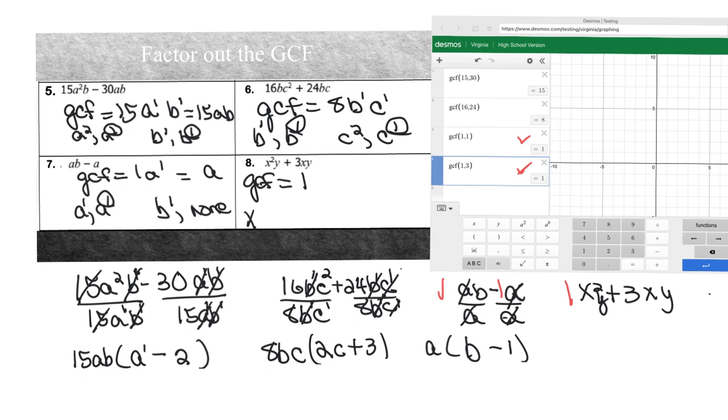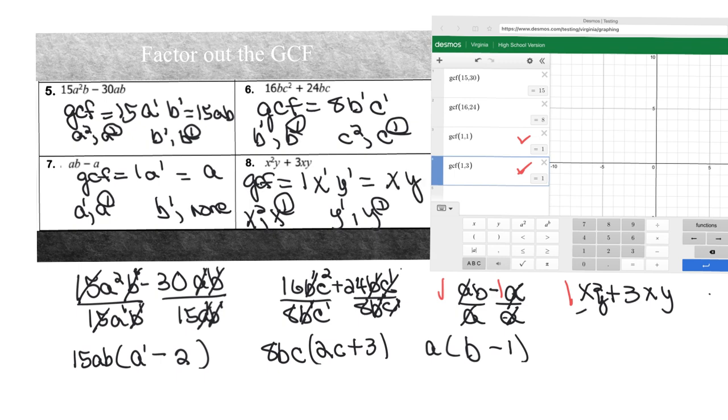I have x to the second and x to the first. Smallest degree of x goes in the GCF. I have y to the first and y to the first. Since those are the same, y to the first goes in the GCF. So my GCF in this case is xy.